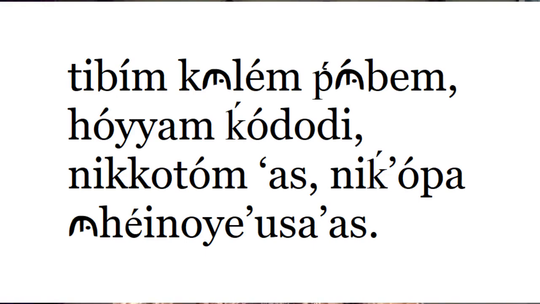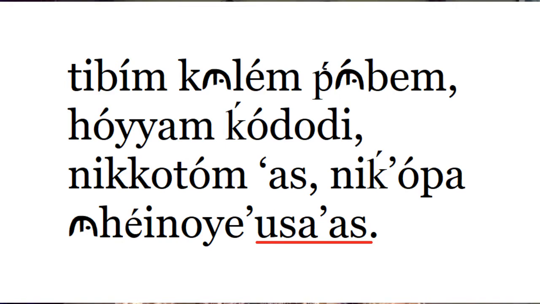As a little girl, a long time ago, my grandmother and I used to go along with my grandfather. Notice that the two subjects, Tibim Kalempubem, which is Maym Gallagher, and Nikotom, my grandmother, use the verb ending for we two, usas.